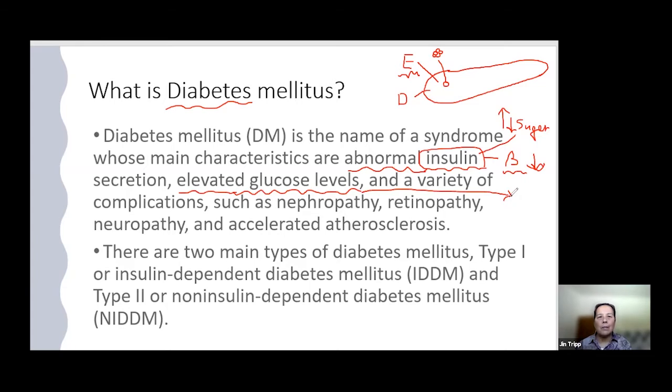So that's basically it. And for diabetes, basically we have two different types: type 1 and type 2.